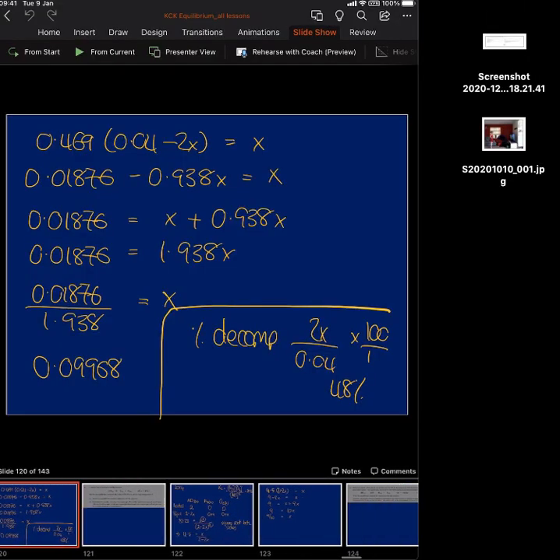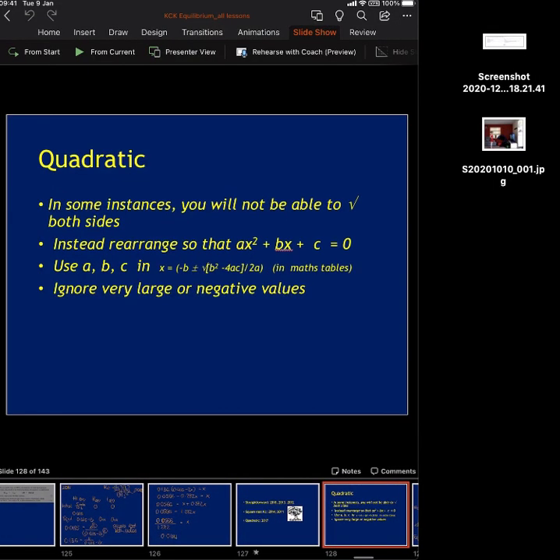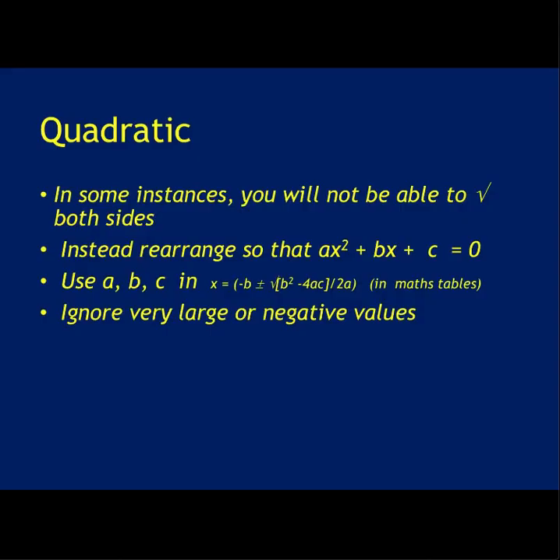The other part that I wanted to show you in this video is the last version. So if we cannot square root both sides and we have to find x in some way, we have to rearrange it into a quadratic equation, and to do that we can use this: minus b plus or minus the square root of b squared minus 4ac all over 2a, and this can be found in your maths tables.